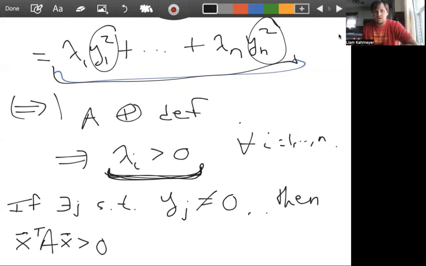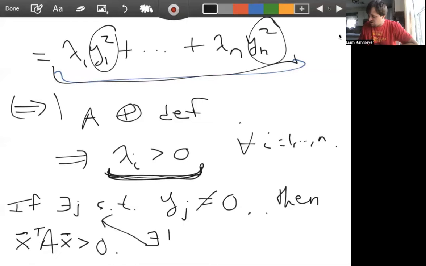Why is that the case? Well, the square of any real number is always non-negative, and the only way the sum would not be positive is if they were all 0. So how do we guarantee that there exists at least one non-zero entry of y?